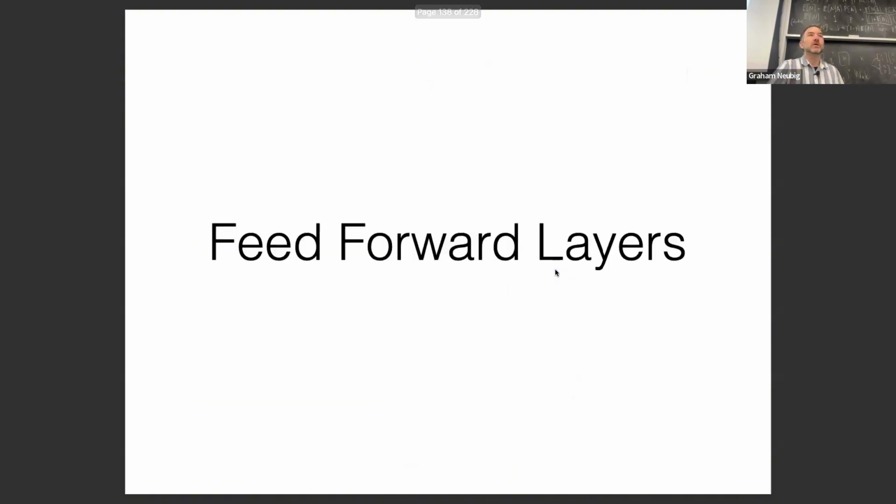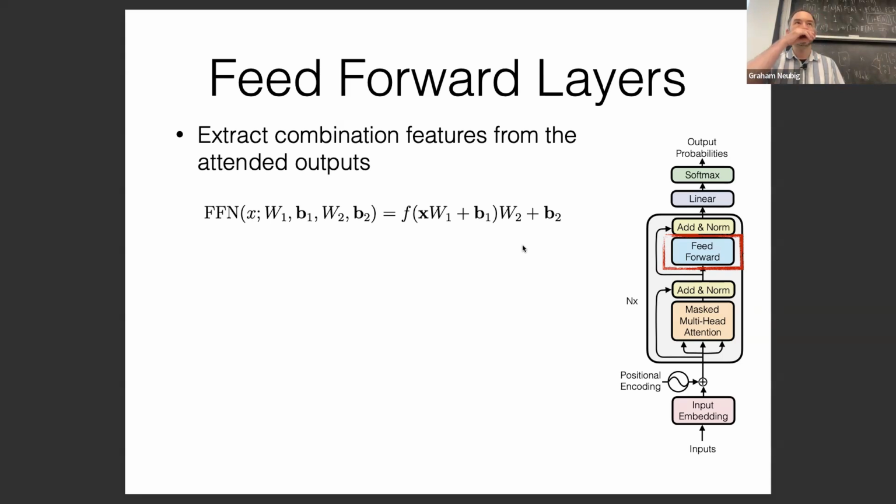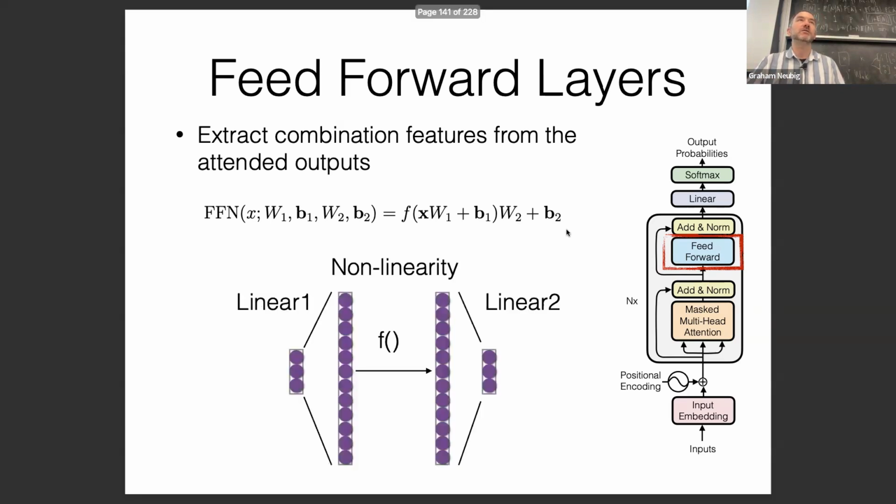Cool. Okay, so let's move on to feed-forward layers. Feed-forward layers are basically the same as feed-forward layers previously. They extract combination features from the attended outputs. So what we do is we calculate a linear transformation and nonlinearity, multiply it by weight, add a bias.